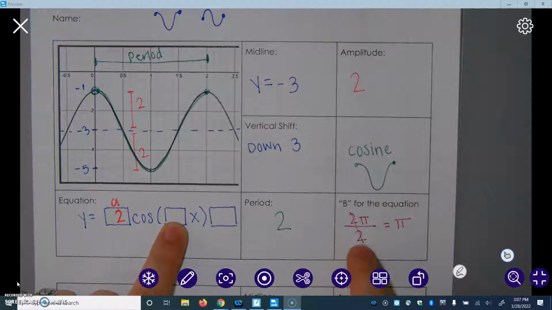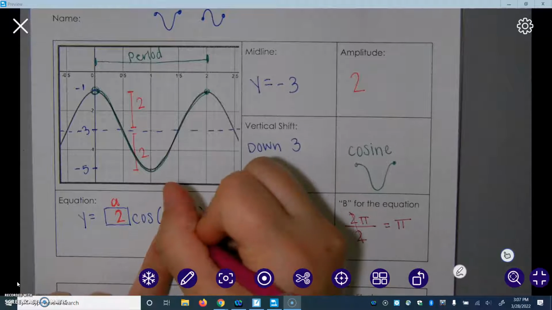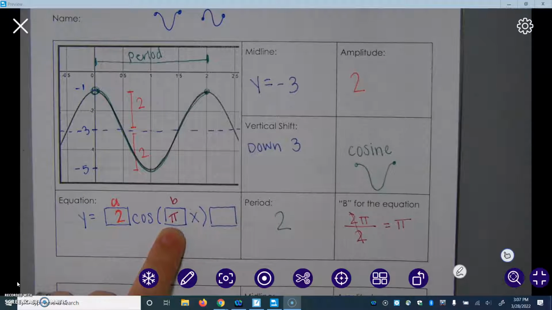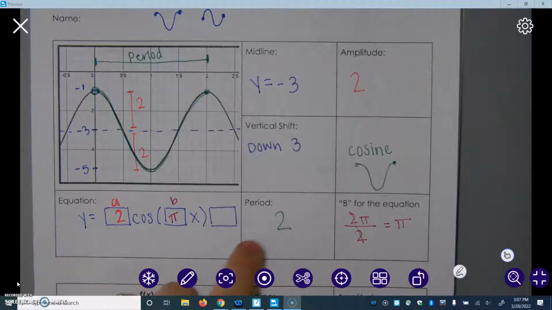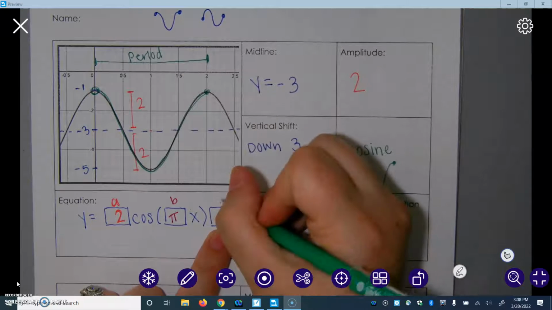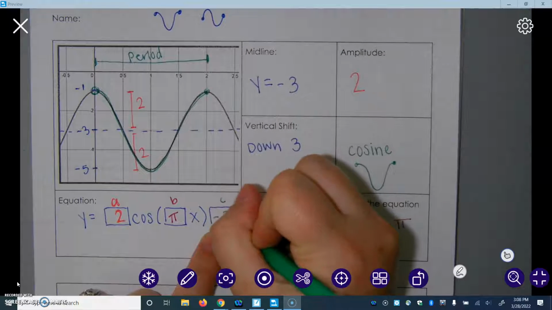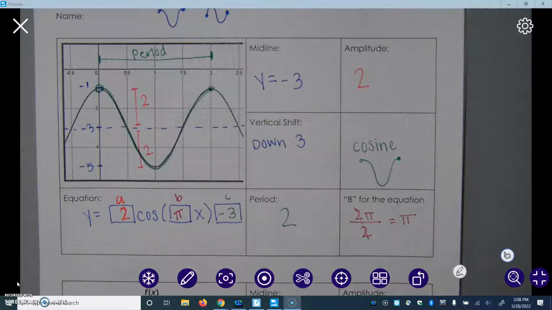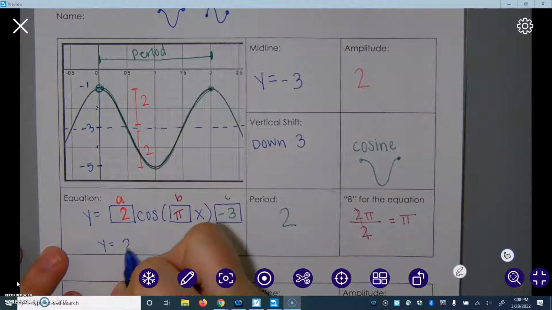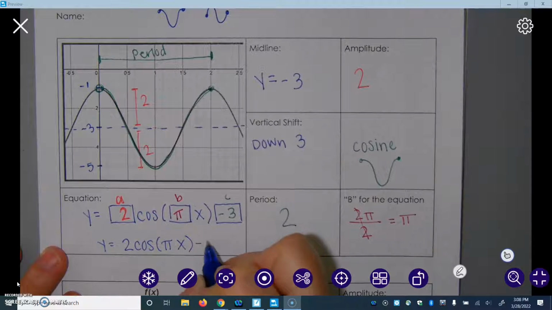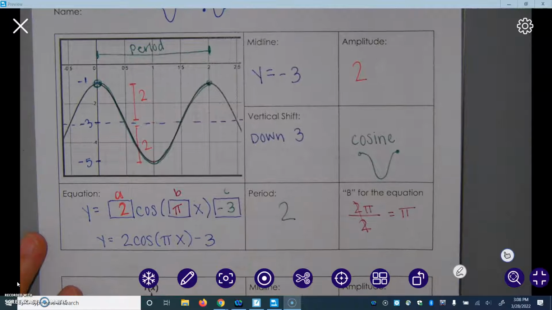When you do 2 pi over the period, and I got pi, that's what goes in front of x. 2 pi over b, or 2 pi over the period. All right, and at the end is c, and that's coming from our midline. So that -3 goes at the end. So if I just kind of clean that up, that's what my equation looks like.